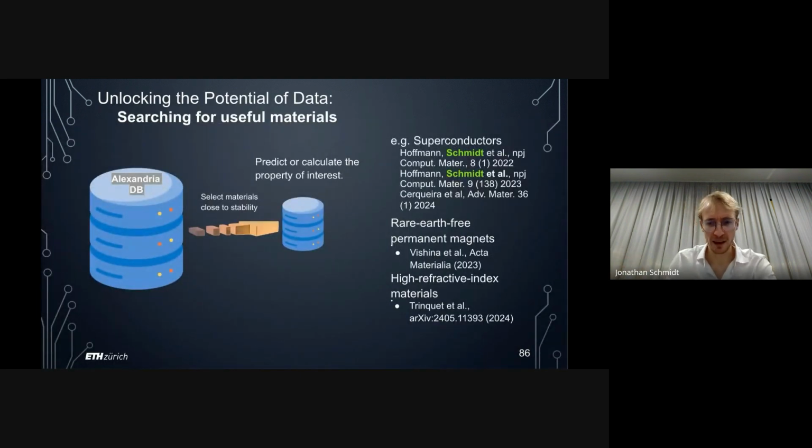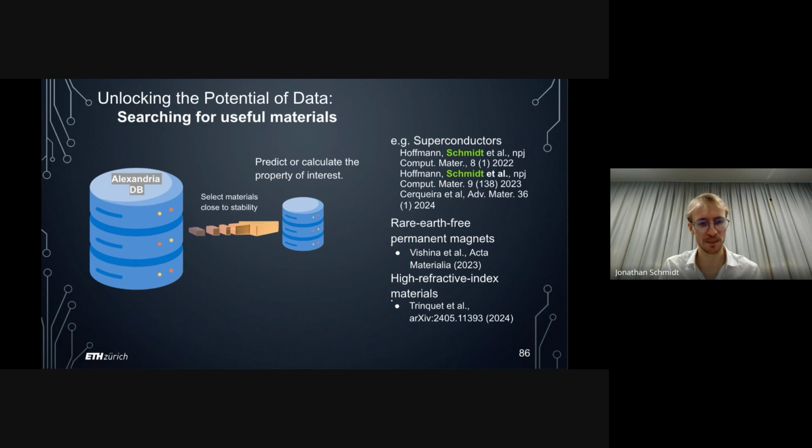Other applications that have been done already are, for example, rare-earth-free permanent magnets or high refractive index materials. And of course, this can be applied quite universally. Basically, the database allows us to skip a little bit the approach of first trying to find new stable crystal structures. There's just a large space of hundreds of thousands of materials that can be scanned for the right properties.